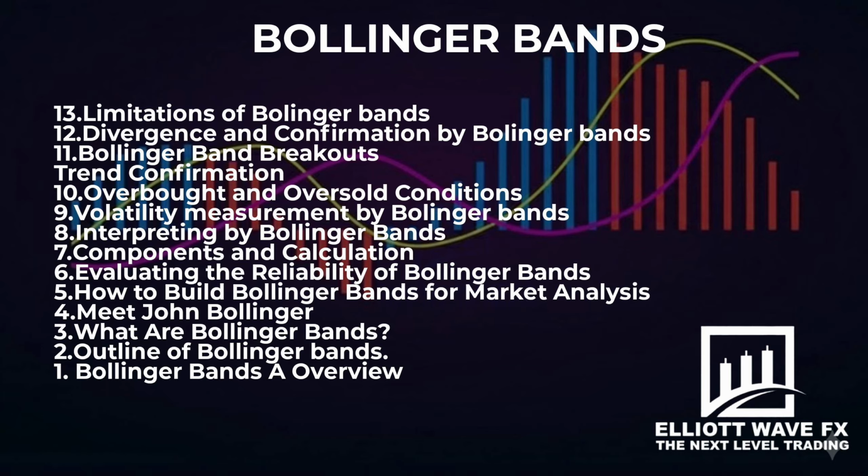Volatility measurement by Bollinger Bands. 8. Interpreting Bollinger Bands. 7. Components and calculation. 6. Evaluating the reliability of Bollinger Bands. 5. How to build Bollinger Bands for market analysis. 4. Meet John Bollinger. 3. What are Bollinger Bands? 2. Outline of Bollinger Bands. 1. Bollinger Bands overview.